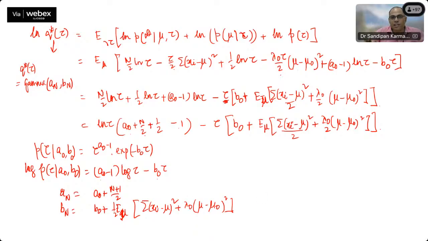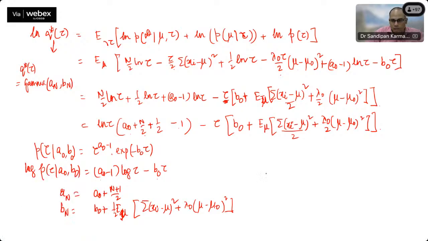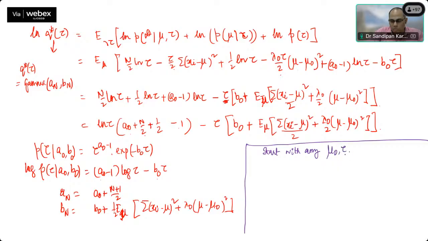Now for the implementation, you will see that this is very easy. Let us see how the loop of this variational algorithm will work. The algorithm starts with any mu naught, tau, lambda naught, a naught, b naught.